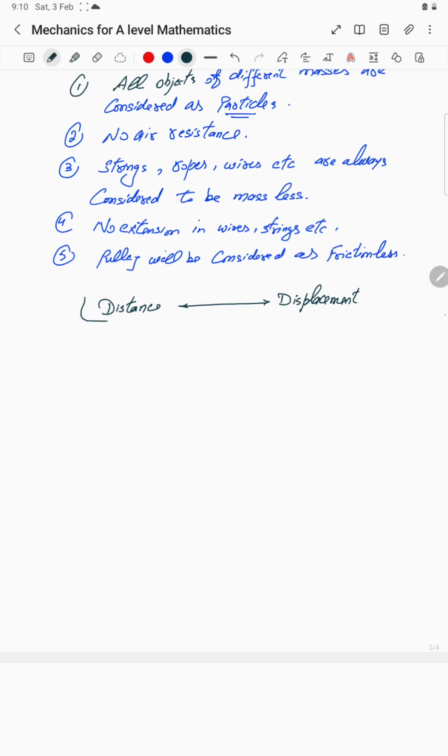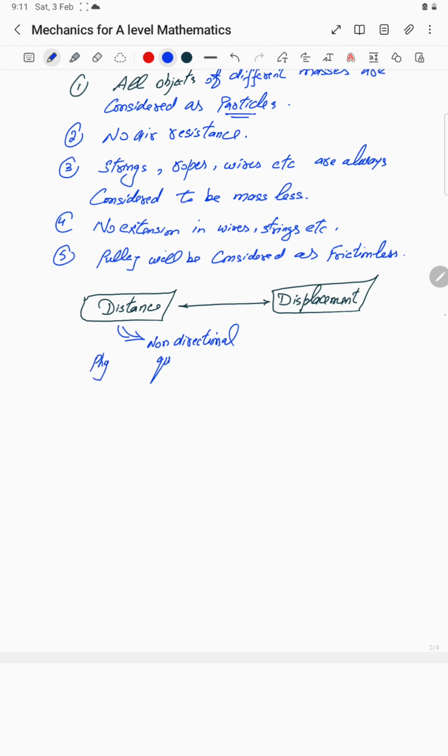Distance is a non-directional physical quantity.